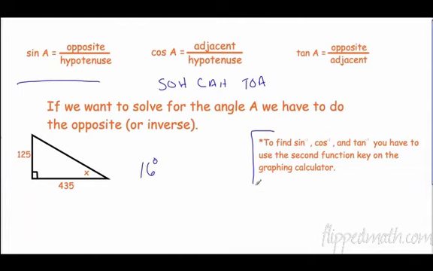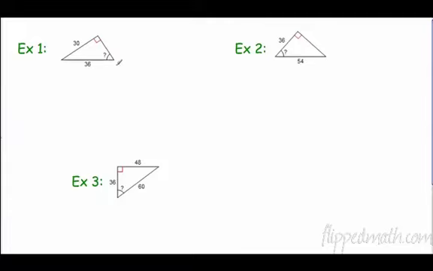Again, to find the inverse sine, inverse cosine, or inverse tangent, you have to use the second function key on that graphing calculator. Let's do one. Here's my angle I want. I have opposite and hypotenuse. That's sine. So sine of theta, or x, whatever you want to call it, is 30 over 36.